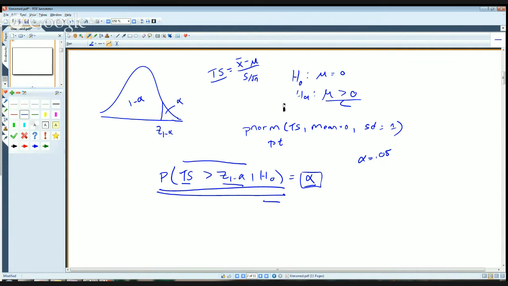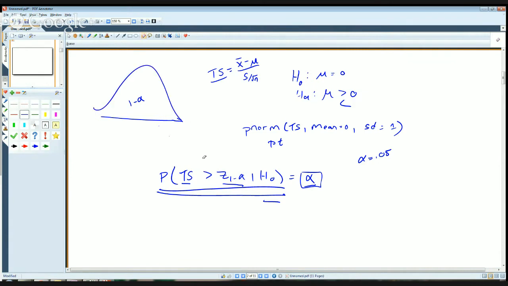So if we're testing greater than, we're going to set our quantile as the upper quantile, z 1 minus alpha. If you were testing less than now instead, right? And notice, by the way, this is kind of an interesting little fact, right?